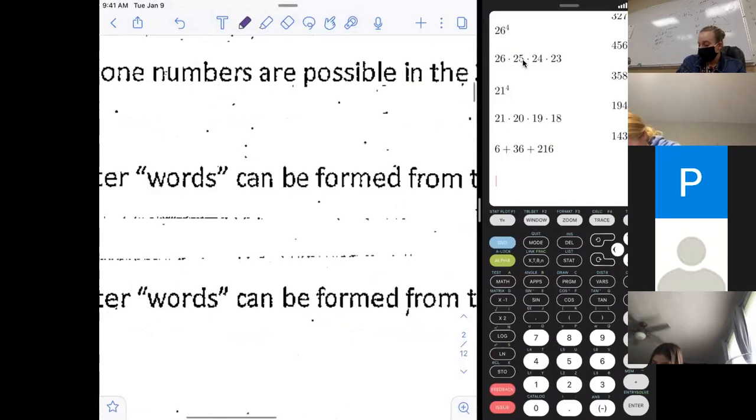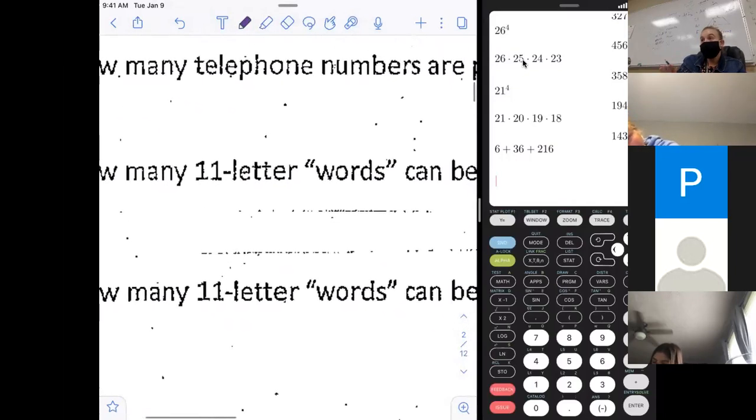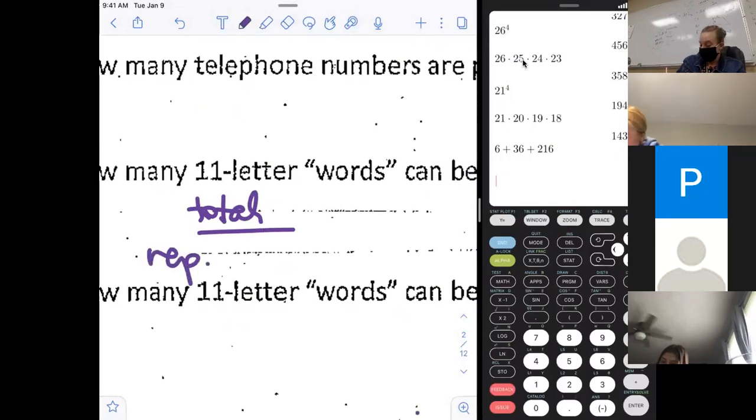So we're going to do it like this. When you have letters or anything that repeats, we do the total factorial on top, and then we put all the repetitions on the bottom. In this case, C, U, and L are repeated. I've got an 11-letter word, so I've got 11 factorial as my total number of letters on top.